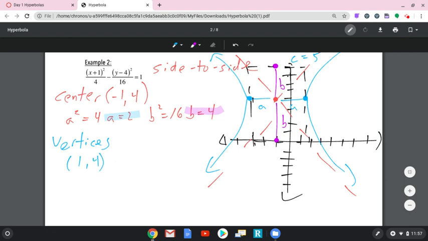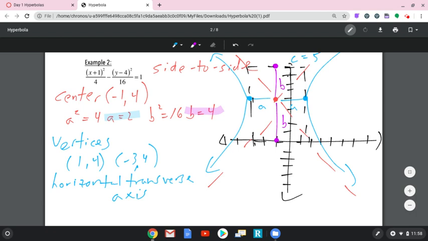Then negative 1 minus 2, which is negative 3, 4. We add A to our x to get the vertices. Excellent. We know we have a horizontal transverse axis, because our center and our vertices go horizontally.